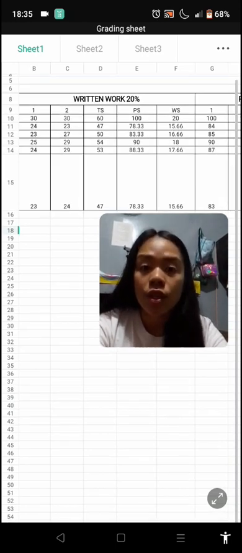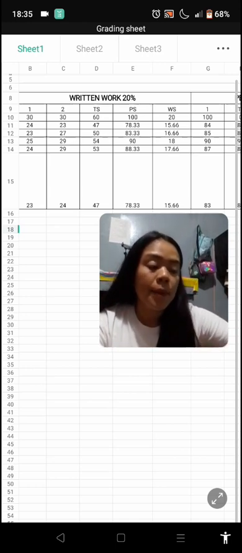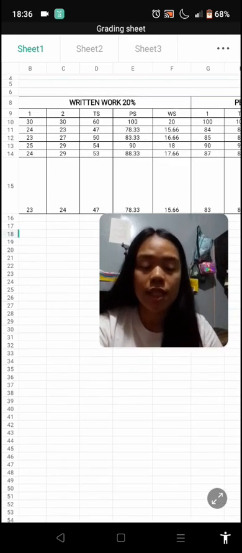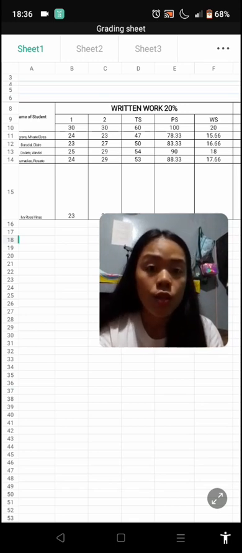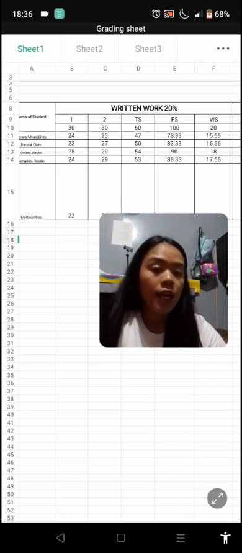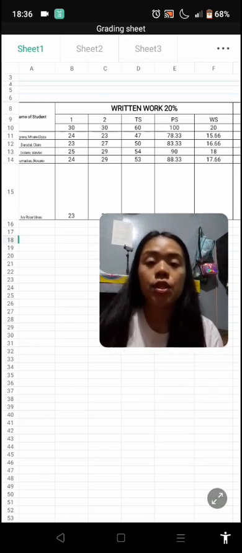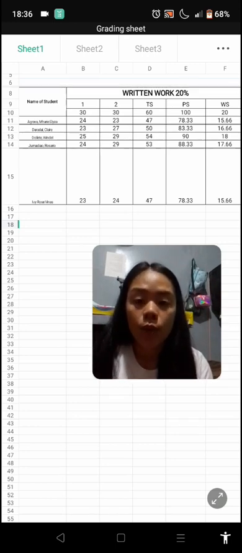The formula is PS equals TS divided by the total number of items, times 100. For example, Miss Agrava got a total score of 47. We divide 47 by the total number of items, which is 60, and then multiply by 100. That's how we get 78.33. It is the same process for the scores of Miss Daradal, Miss Doliete, Miss Umadchao, and Miss Vinyas.